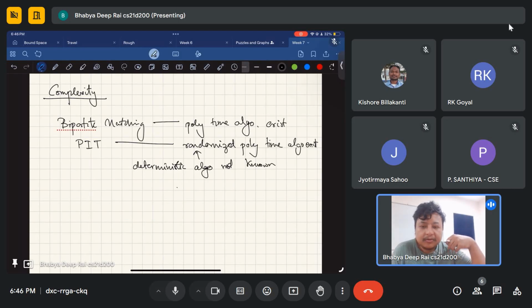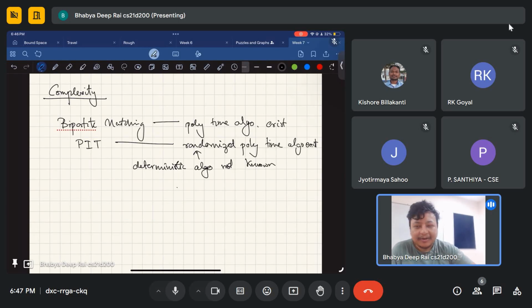Okay, so now this brings in the question that we had to go for techniques such as randomization. What is causing us to go for these techniques while we are confident that we may not be able to find deterministic algorithms?